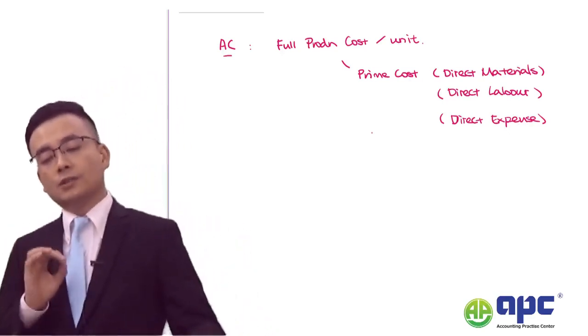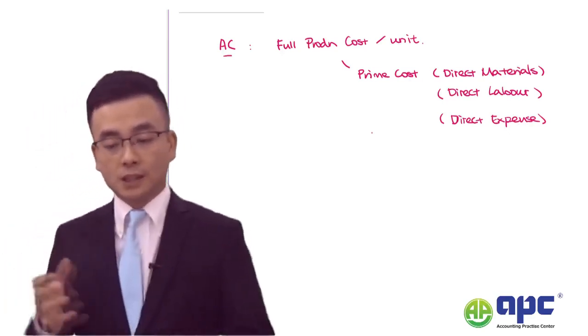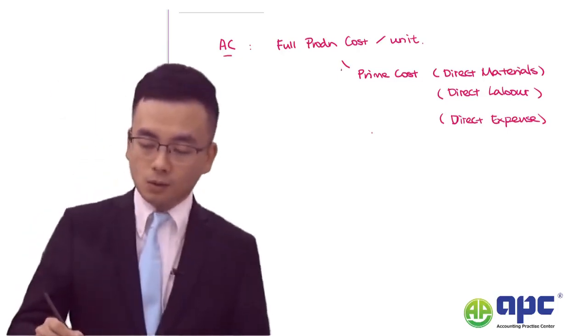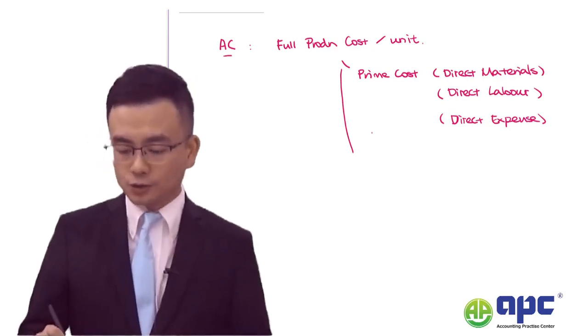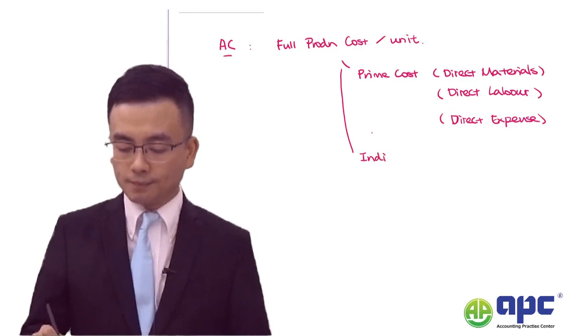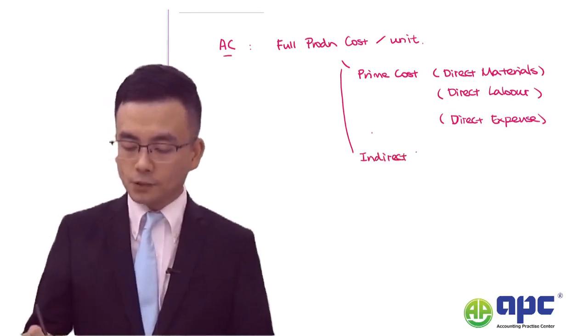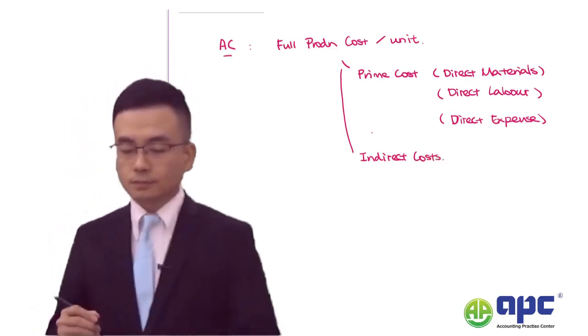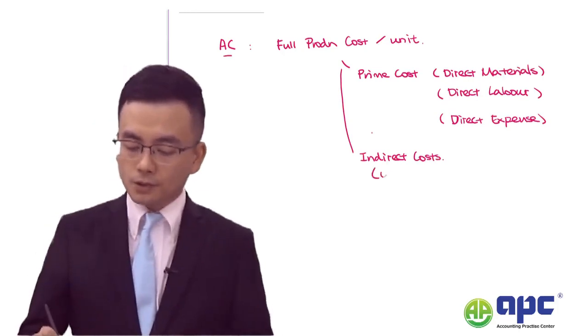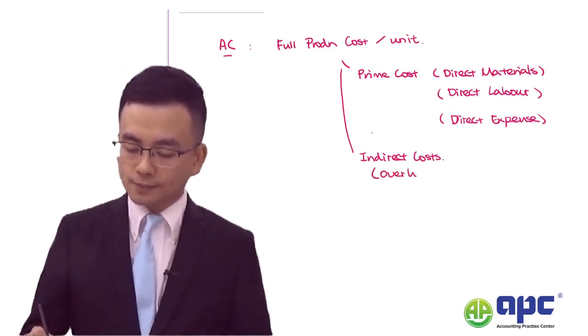Now, not just the prime cost within the full production cost, but also we have got the indirect cost, which means overhead. That's related to production, in other words. That's known as overheads.